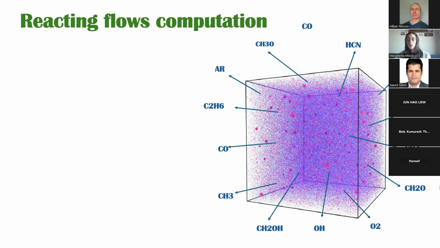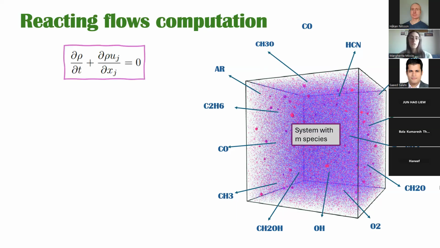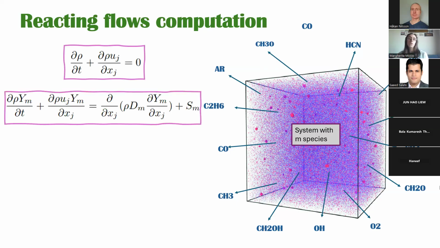Since we no longer have a single component fluid, we need to solve every single mass fraction involved in the reactions. We need more equations that also involve the species transport equations. So we will need to solve first the continuity equation, as usual, and then the species transport equations, which are M equations.